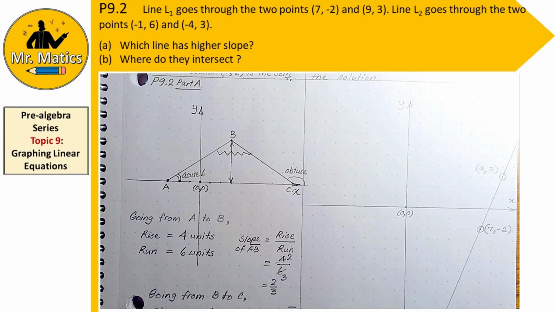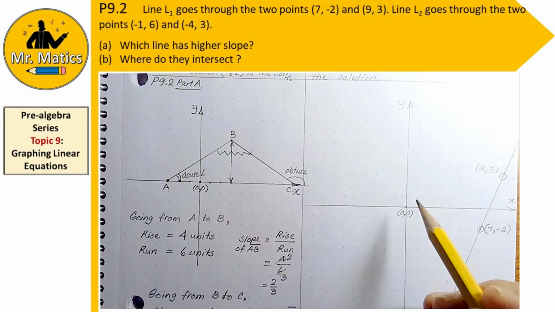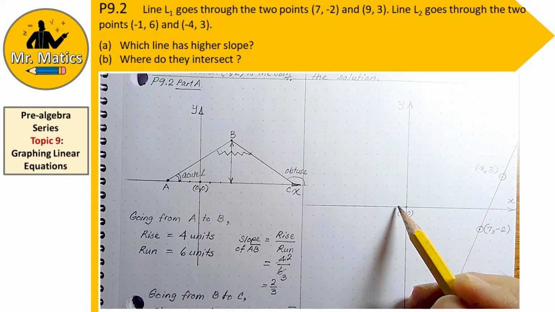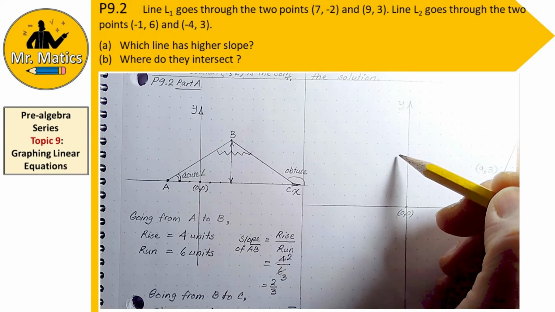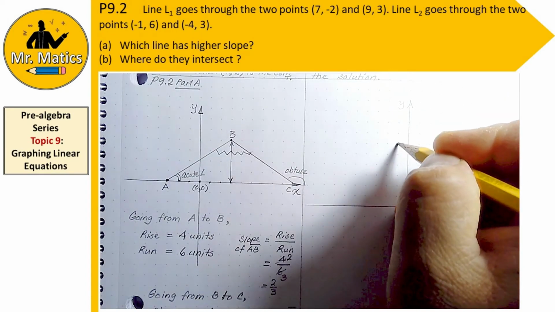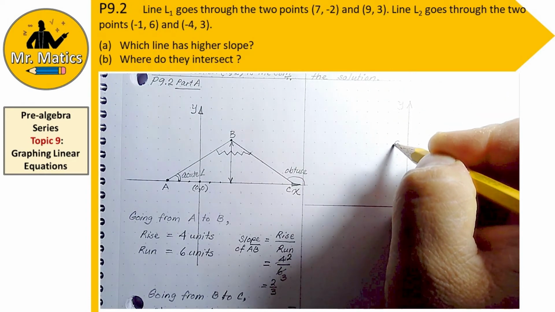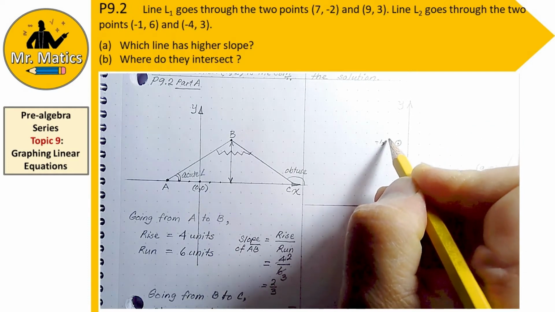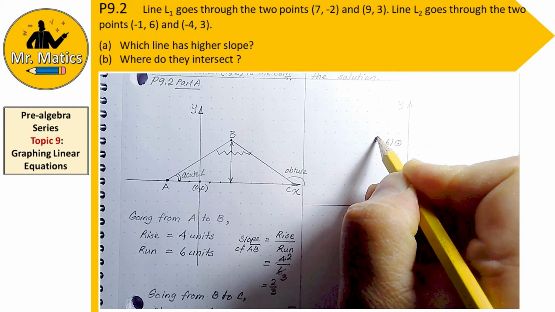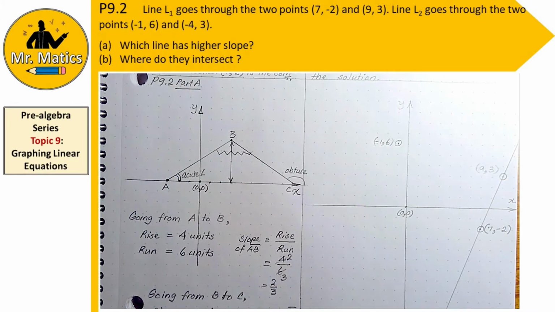Now let's draw L2. L2 passes through -1, 6. So this is your -1 for the x, and 6 will be in the upward direction. 1, 2, 3, 4, 5, 6. -1, 6. And the other point is -4, 3.